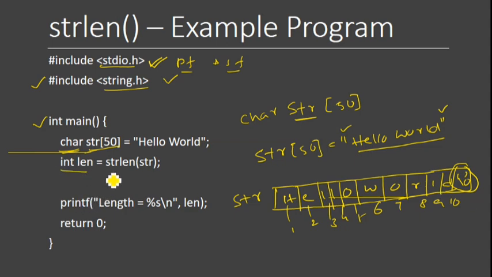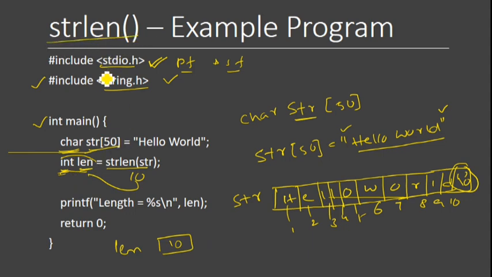Int length: length is a variable name, integer is the data type. So strlen(str) returns 10, and 10 is loaded into length, the variable which I declared as an integer. Why am I writing integer?